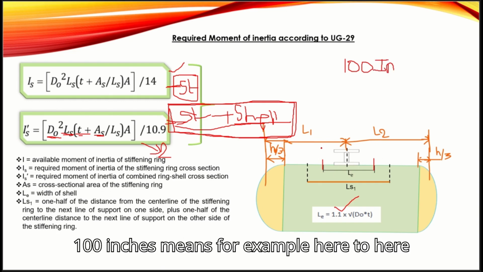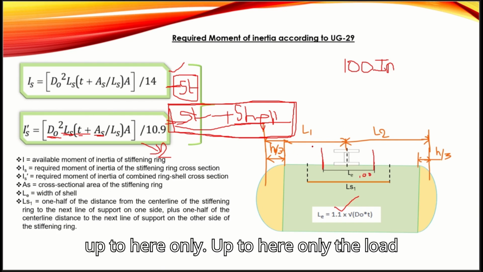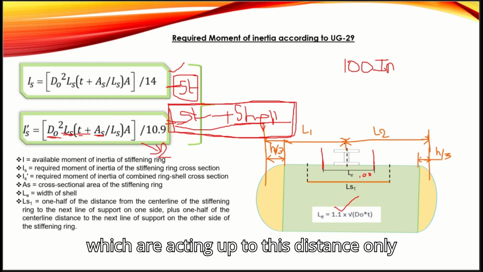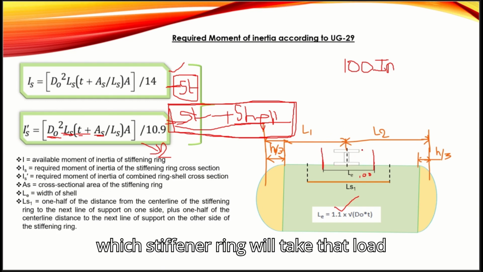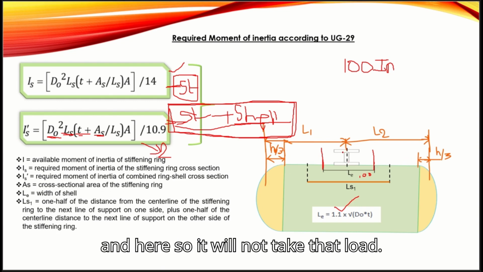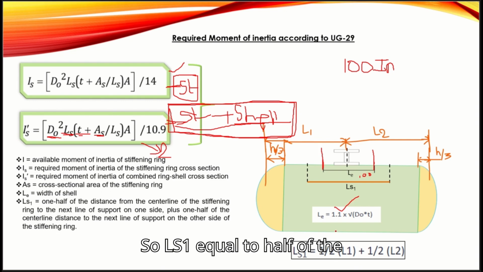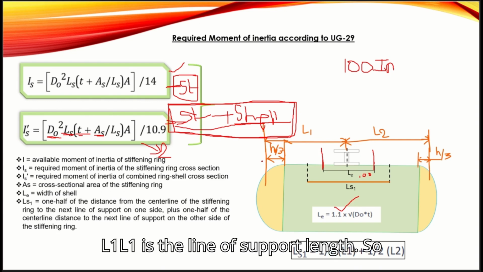So 100 inches means, for example, here to here. The load acting up to this distance only, the stiffener ring will take. Whatever load is acting here and here, it will not take. So LS1 equals half of the L1, where L1 is the line of support length.